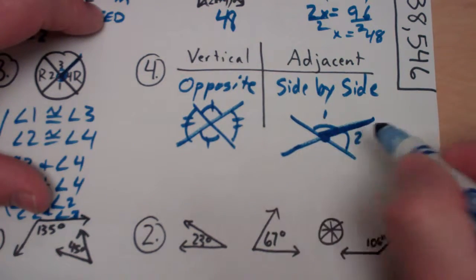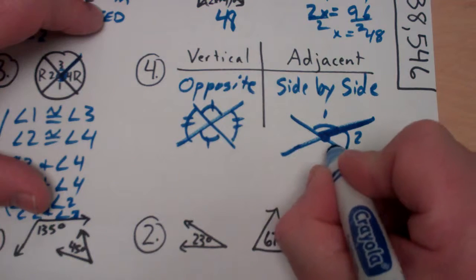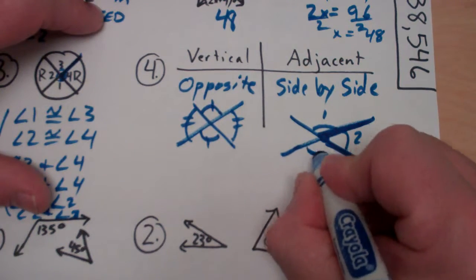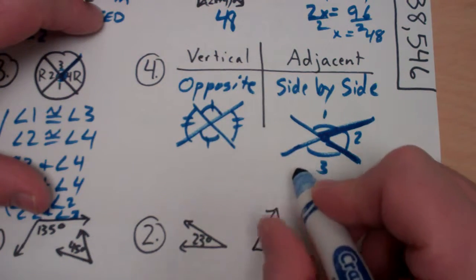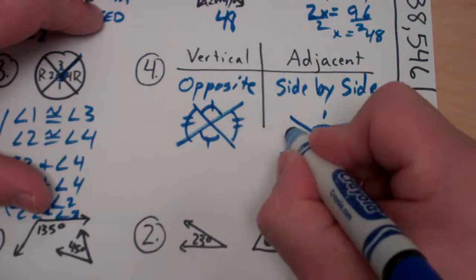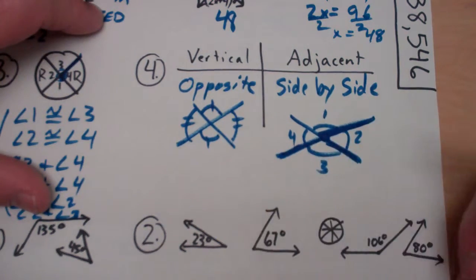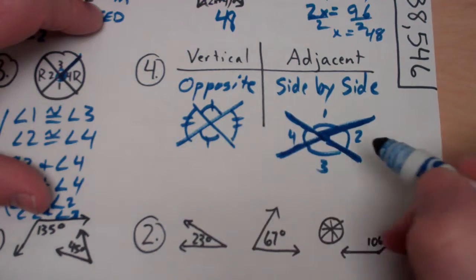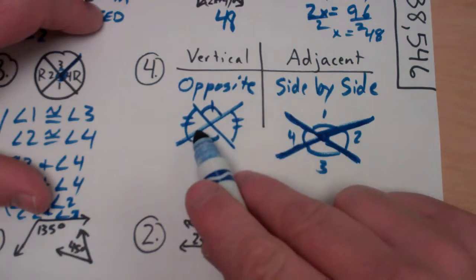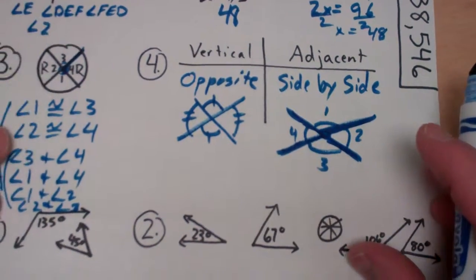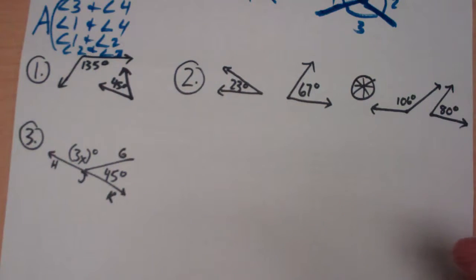They are said to be adjacent. Angle 2 and 3 are sharing this common side, so they are adjacent in a different way. And then 3 and 4, same thing, and 1 and 4 have those common sides. But the opposite ones are called vertical angles. Alright, going on to page 546.